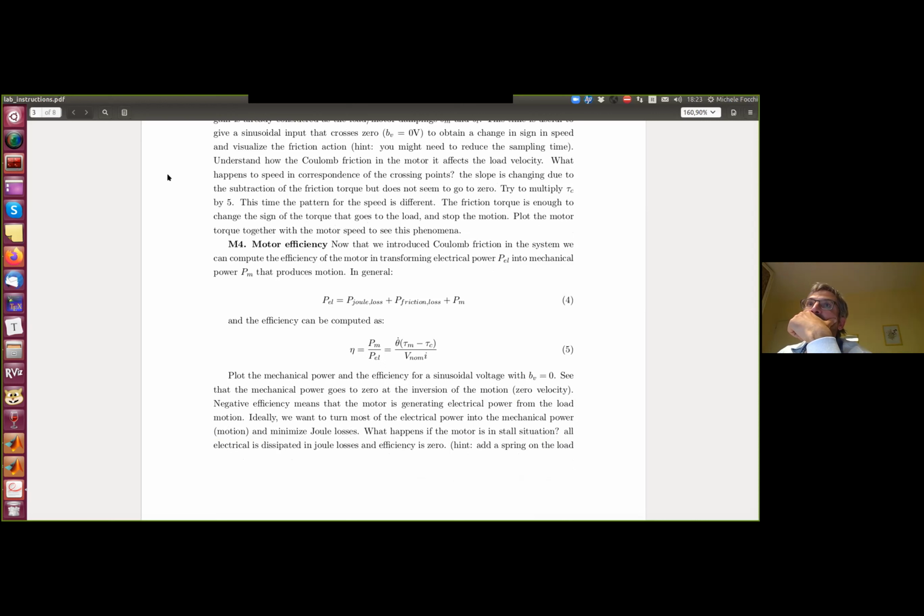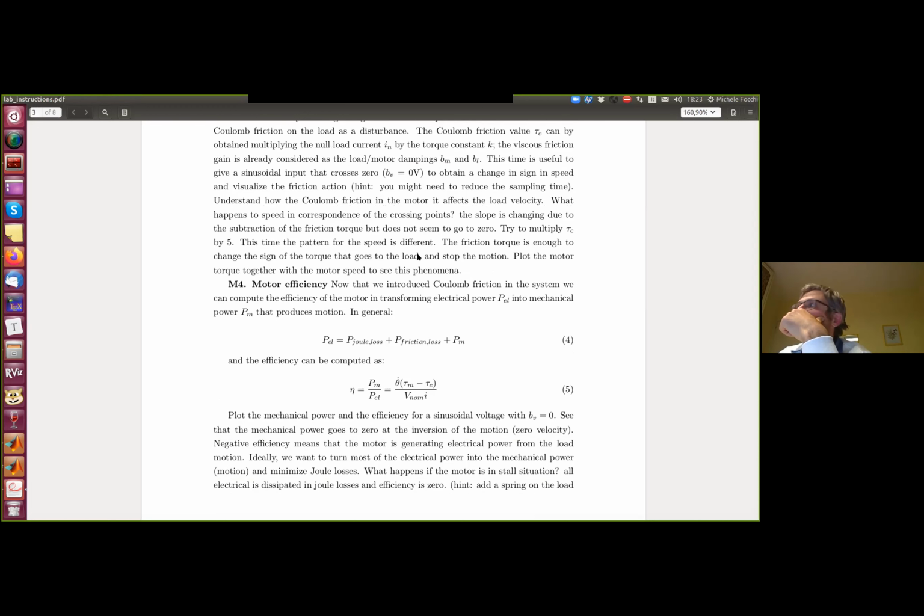And plot the motor torque together with the motor speed to see this. And the Coulomb friction you should add should be at the motor level, not at the load level, because then it's amplified by the gear ratio.